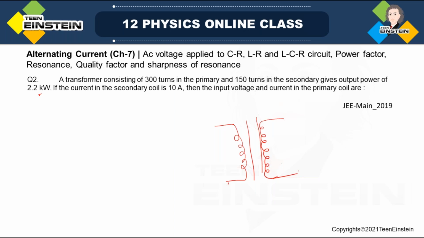If the current in the secondary coil is 10 ampere, then what is the input voltage and input current in the primary coil? Input voltage and input current you have to find out.